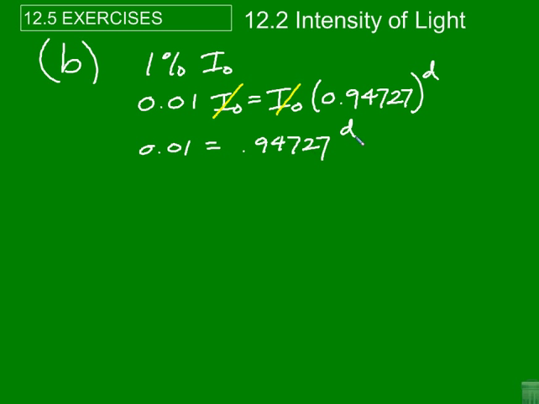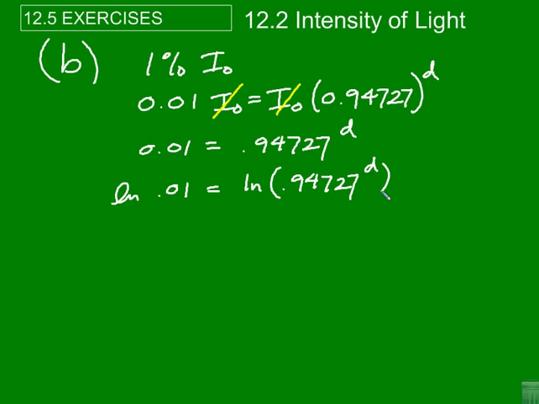Well, this is where the logarithmic skills from the first problem have to come in, and we're going to take the natural log of both sides. The natural log of 0.01 equals the natural log of 0.94727 to the d.